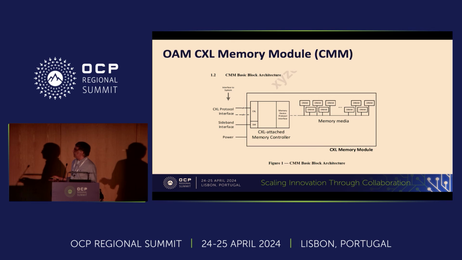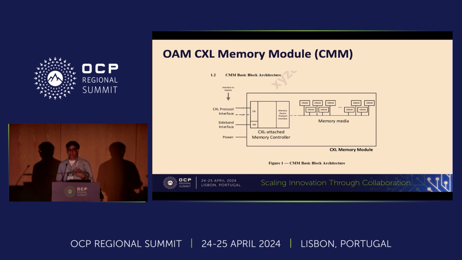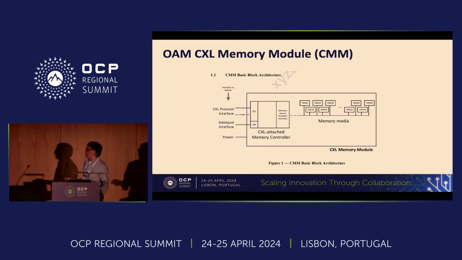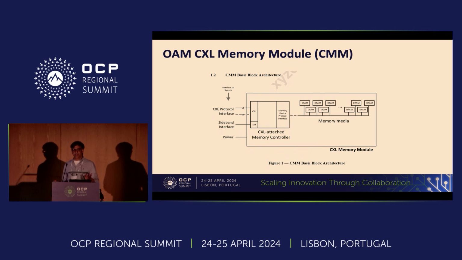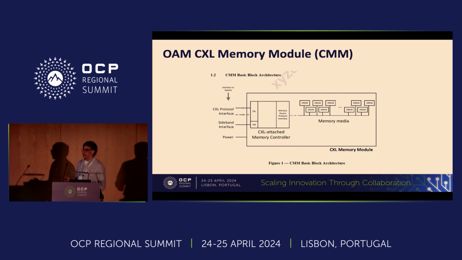But there are new and interesting things happening in the world of CXL. There is a JEDEC spec on a CXL memory module. What I'm suggesting here is you could extend that to make an OAM module.